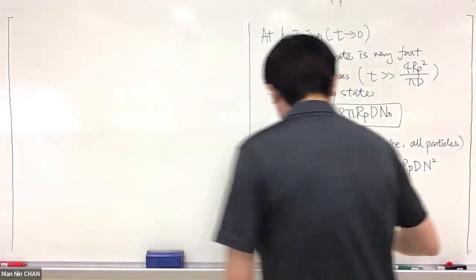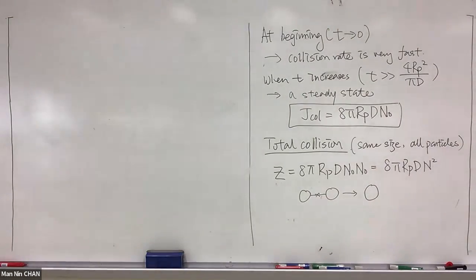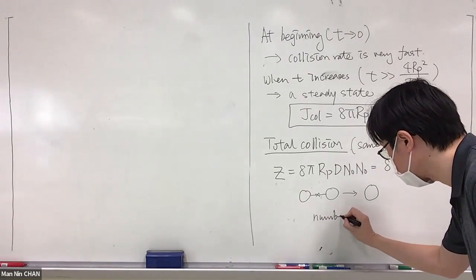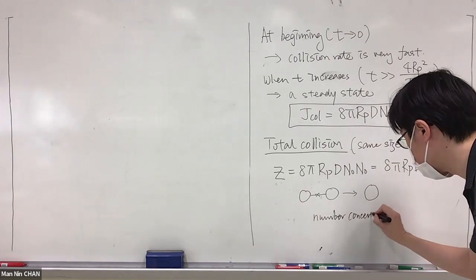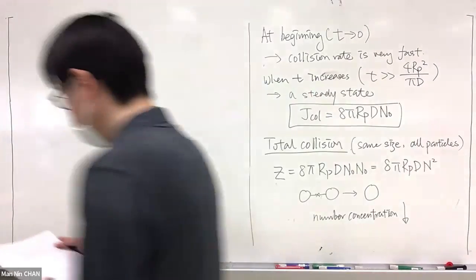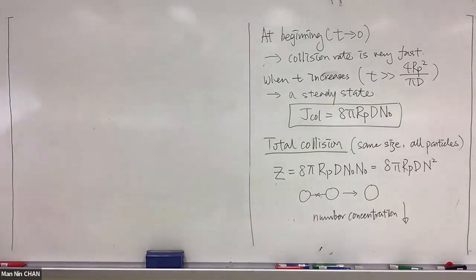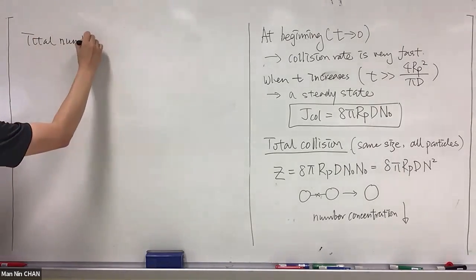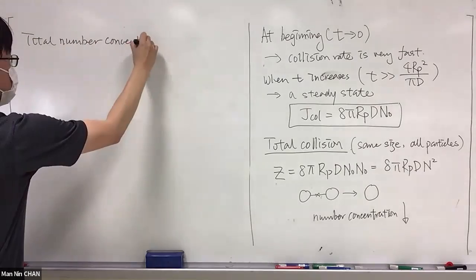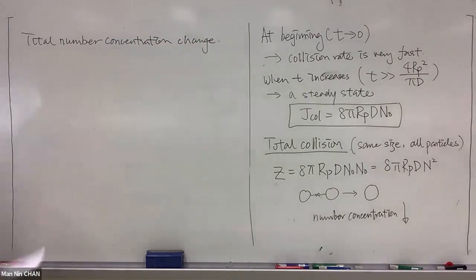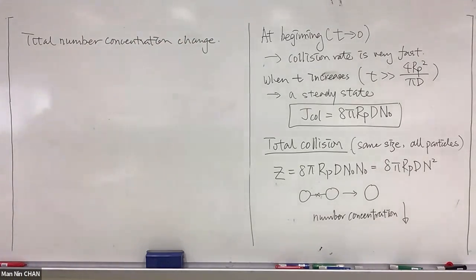So the argument here is that every time a collision happens, your number concentration will decrease. Therefore, we also want to look at how the total number concentration changes due to the collision.